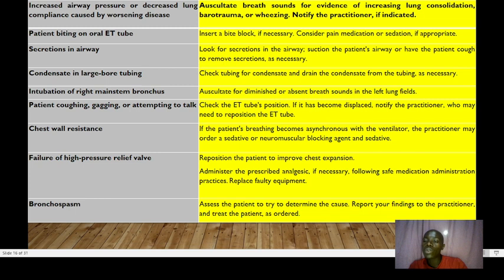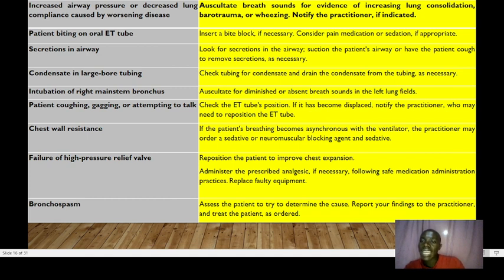Another cause could be the patient biting on the oral endotracheal tube. So if possible, you can insert a bite block, and you can also consider pain medication or sedation if possible, so as to allow the vent to have maximum time to work and assist the patient.